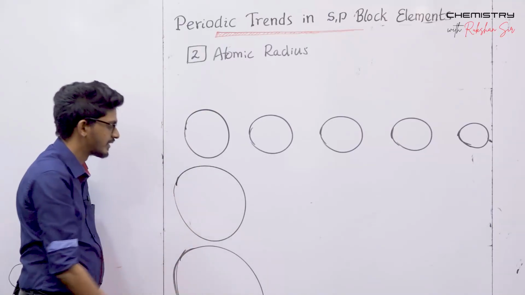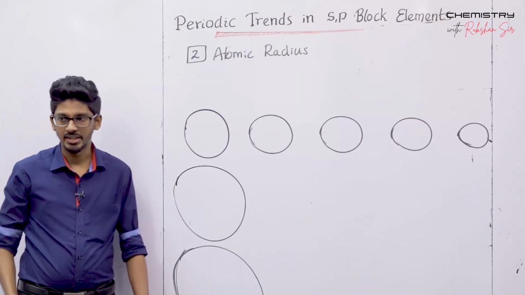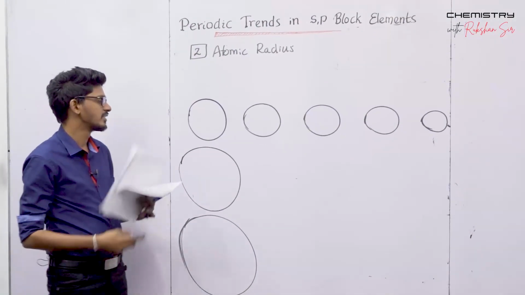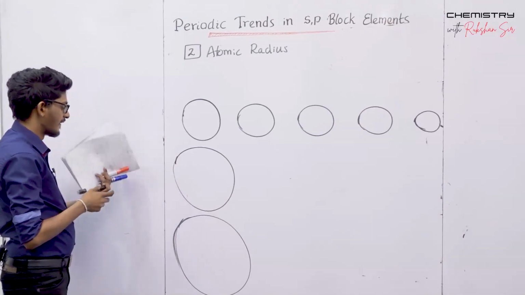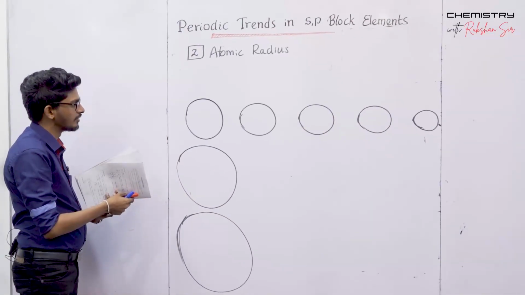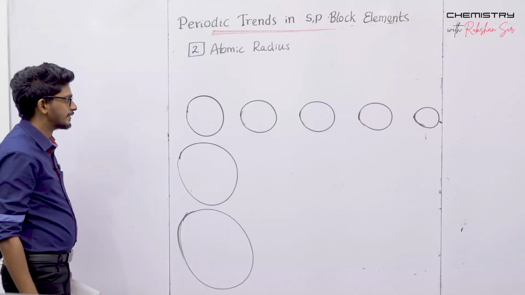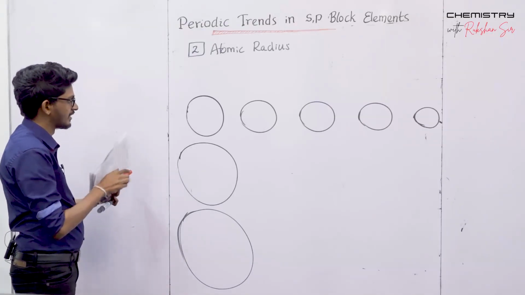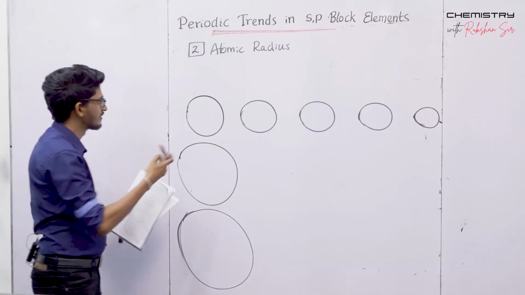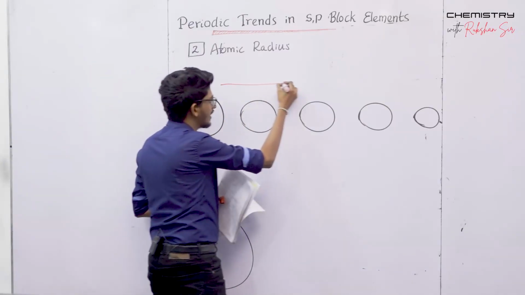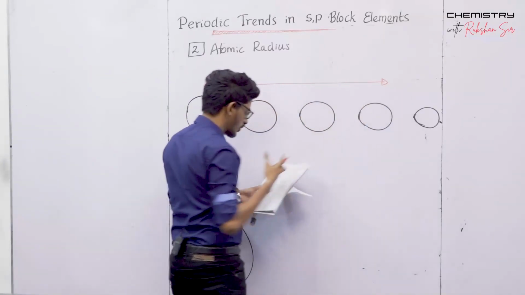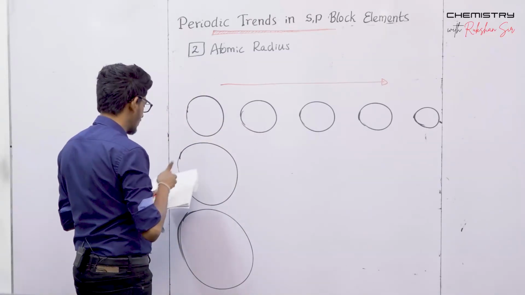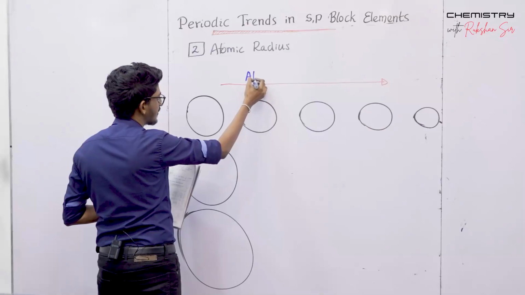Going down a group, you will see the atomic radii values increase. That is the common trend you see with the atomic radii values given in your periodic table. So we can see what the two observations are. Going towards the right of a period, atomic radius decreases.